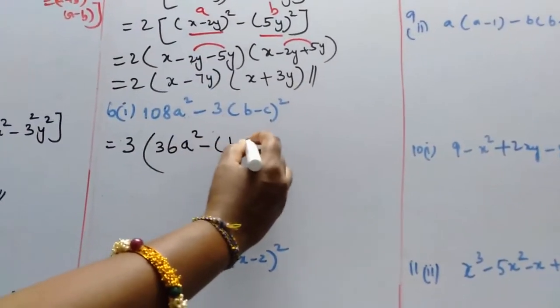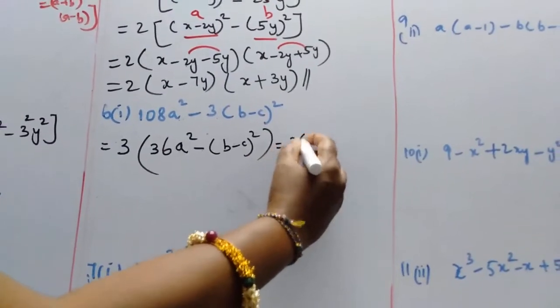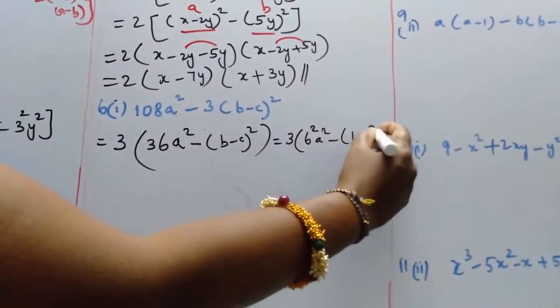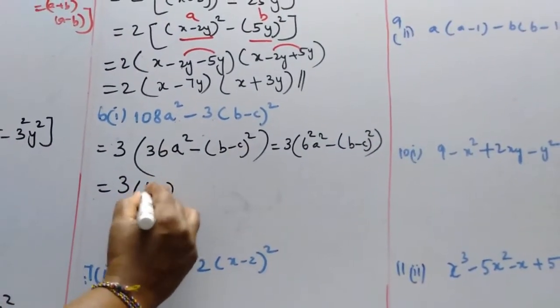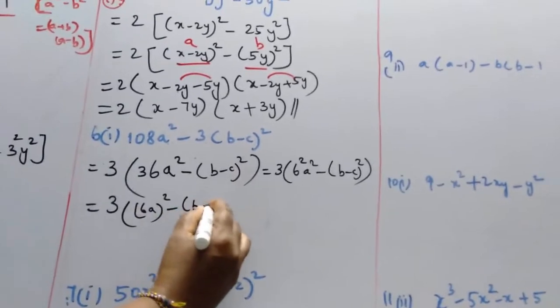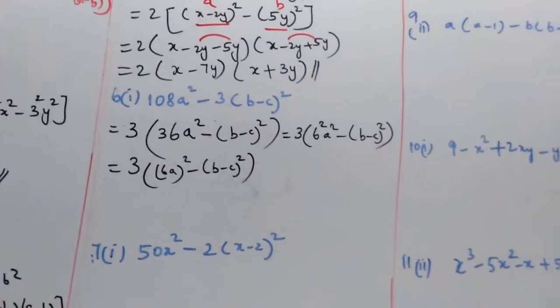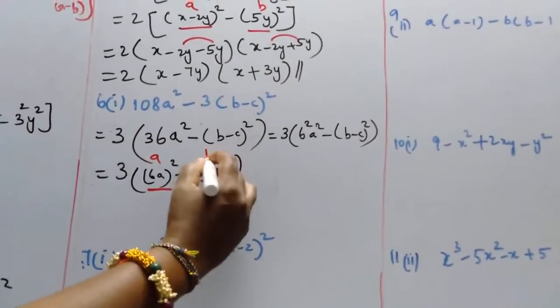Then what is left? (b minus c)² is left. And this can be written as 3 of 6²a² minus (b minus c)². Right? And this can be written as (6a)² minus (b minus c)², where 6a here is a and b minus c is b.